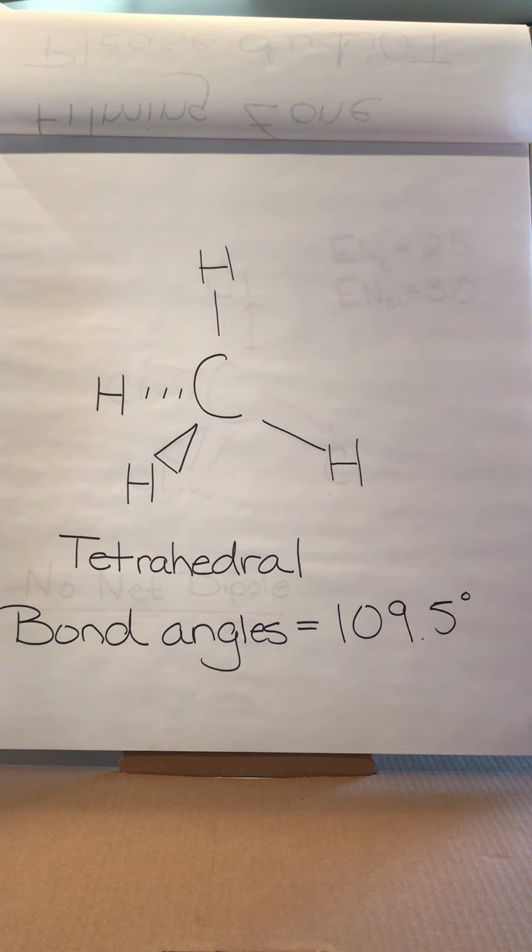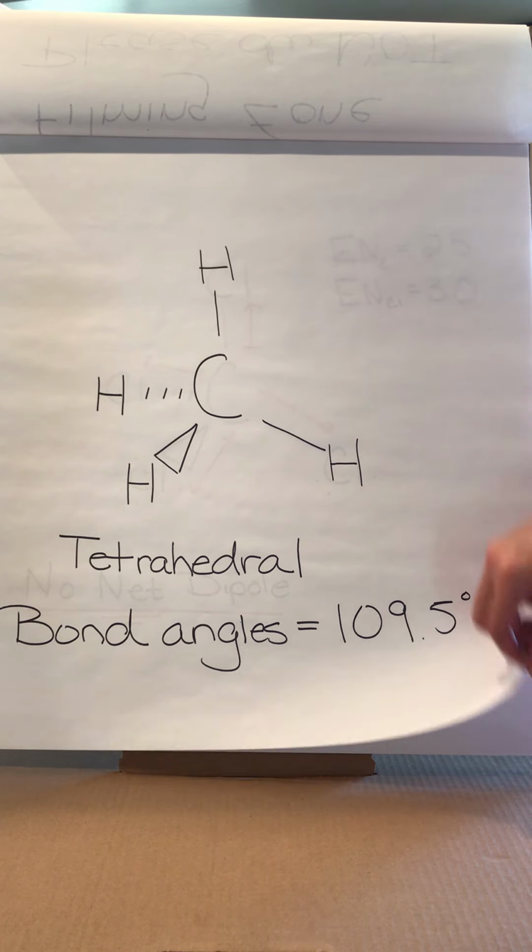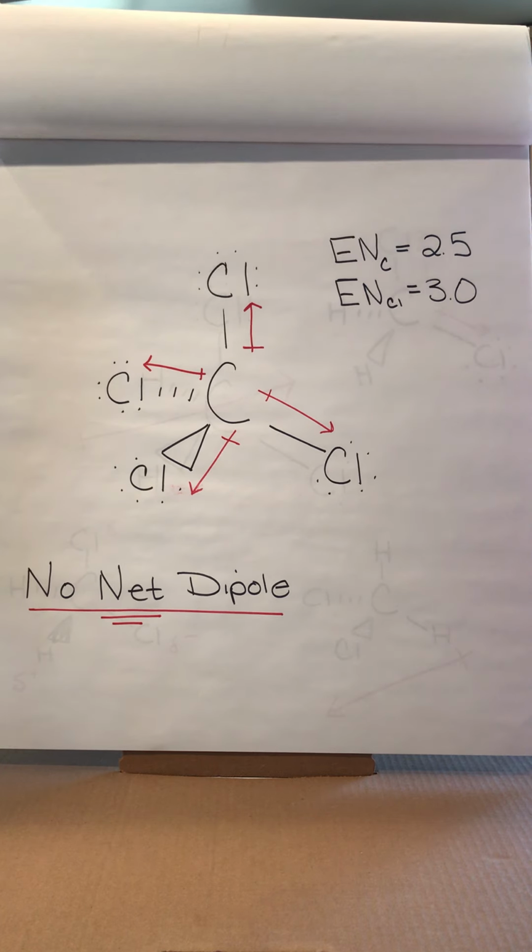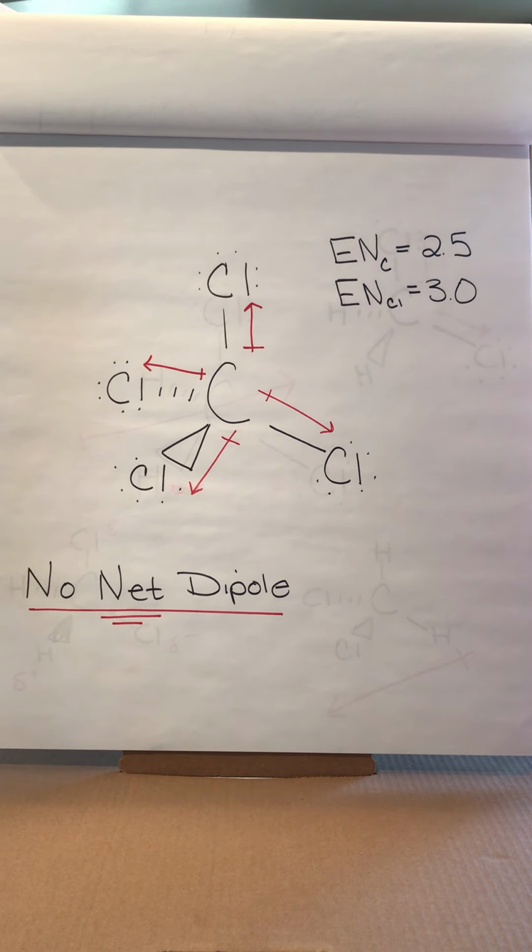So we don't have any polarity in any of these bonds, so the molecule as a whole is not polar. You have to have some kind of polarity somewhere. So we don't draw any dipole moments or any delta negative or delta positive symbols to indicate partial negative or partial positive. Now, what happens if we replace all of the hydrogens with chlorines?